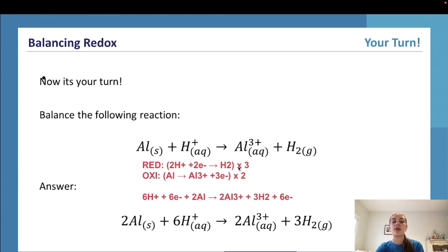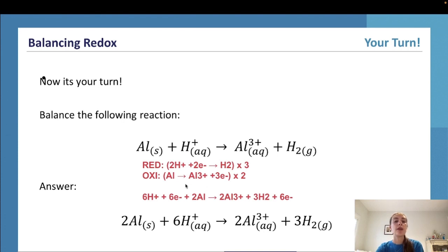So we need to times the reduction reaction by 3 and the oxidation reaction by 2. That gives us 6H+ plus 6 electrons makes 3H2. And for the oxidation, it gives us 2 aluminium makes 2 aluminium 3+ plus 6 electrons.